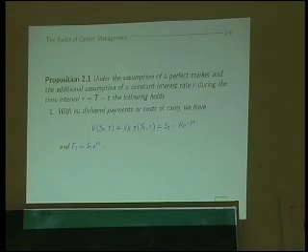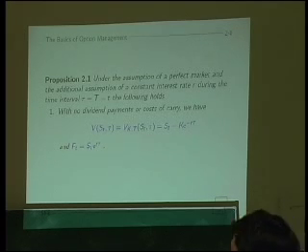Mathematically it means that you divide your K by the zero bond, and in this case the zero bond is equal to e to the power minus r tau.